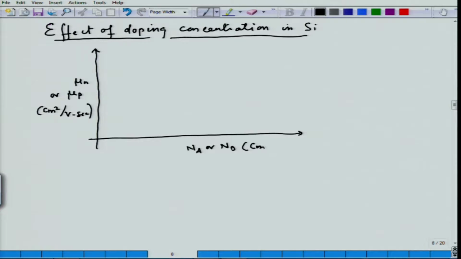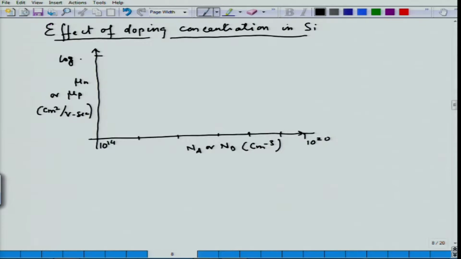which is in centimeter cube per centimeter cube, and I am going to take it from low level of doping to let us say about 10 to the power 20, with 15, 16, 17, 18 and 19, and this is in log scale.